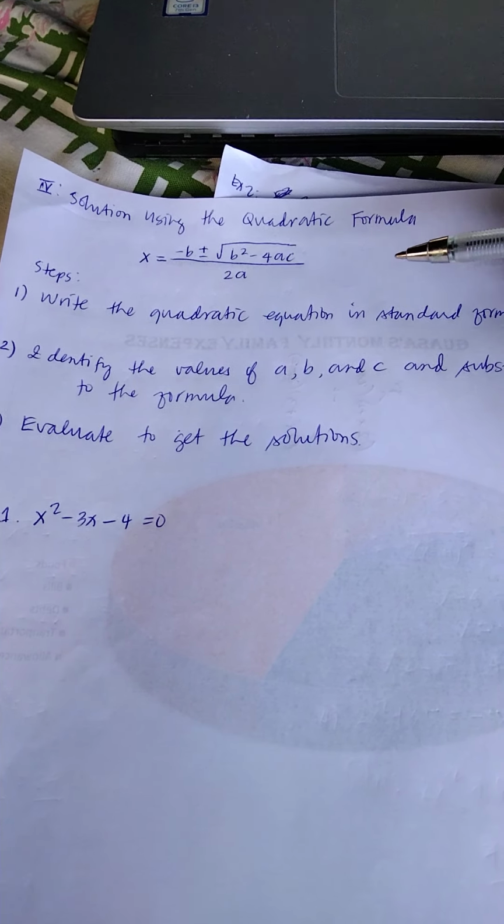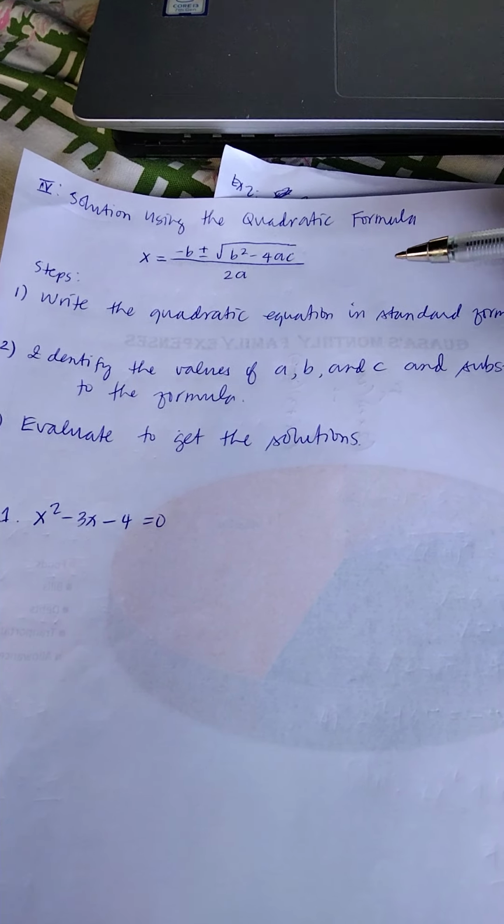And by obtaining these values, we will substitute this to the quadratic formula. So our quadratic formula is x is equal to negative b plus minus the square root of b squared minus 4ac over 2a. So we will substitute those values there, no? What is our b?